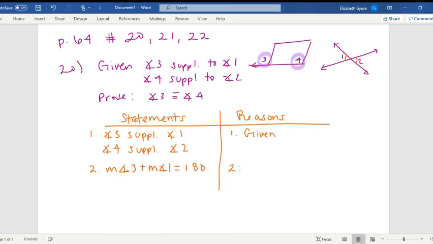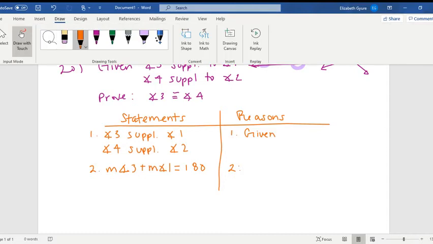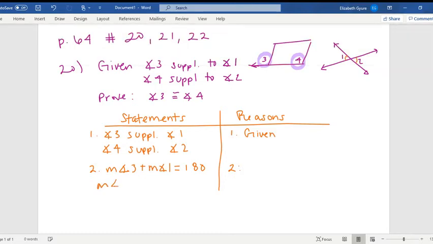And I can do the same thing with 4 and 2. It's up to you if you'd like to do that in one step or 2 separate steps. It uses the same reason, so you can combine it if you want, but you don't have to. So the measure of angle 4 plus the measure of angle 2 also equals 180.